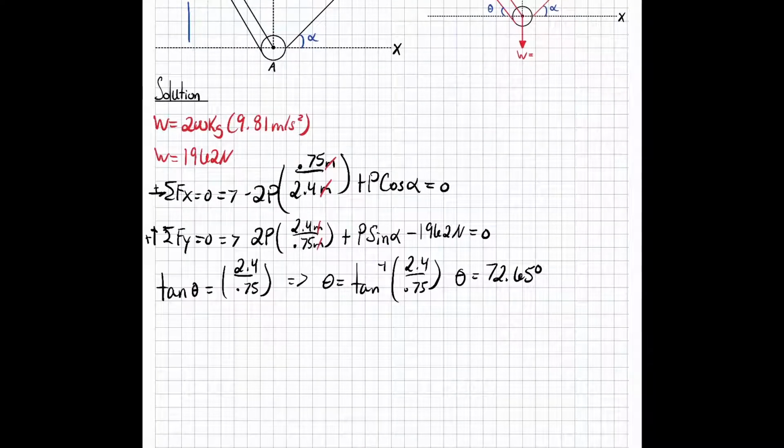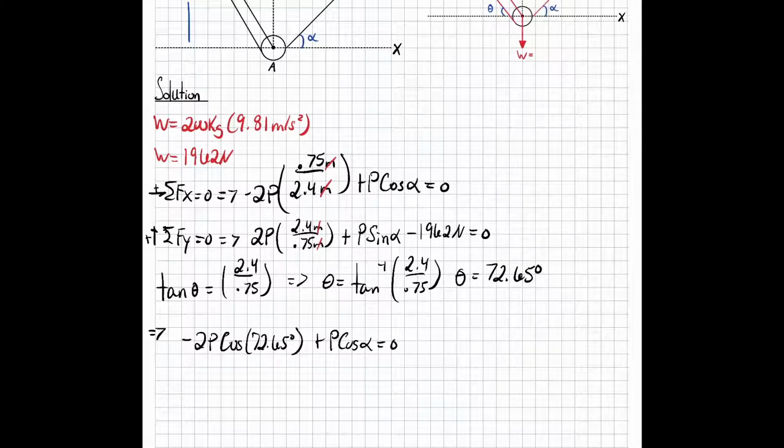So now what we can do is take our x equation, our sum of force in the x direction, so we have negative 2p, insert in now our theta. Actually, it's going to be cosine, I'm sorry, cosine of 72.65 degrees plus p cosine of alpha is equal to 0.